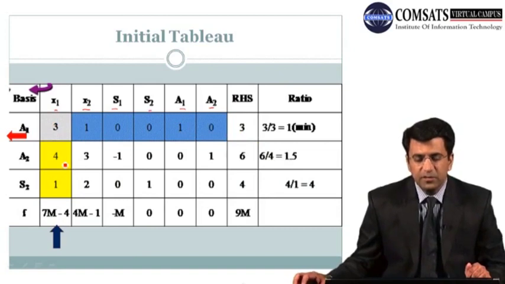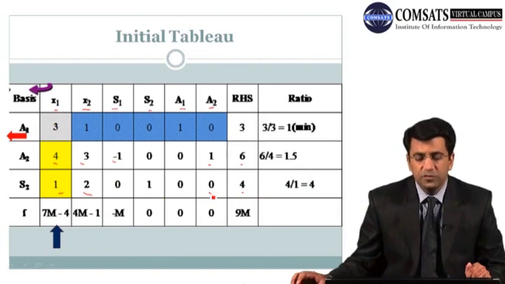Similarly, our second equation is 4x1 plus 3x2 minus s1 plus a2 is equal to 6. The values of s2 and a1 in this particular equation is 0, so we put here 0. Similarly, our third equation is x1 plus 2x2 plus s2 is equal to 4.